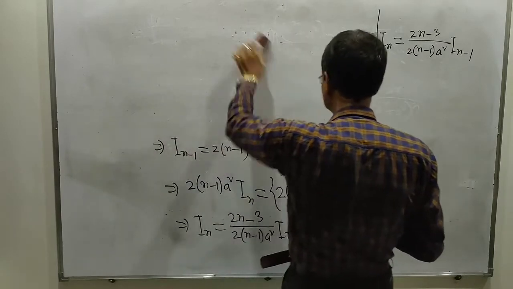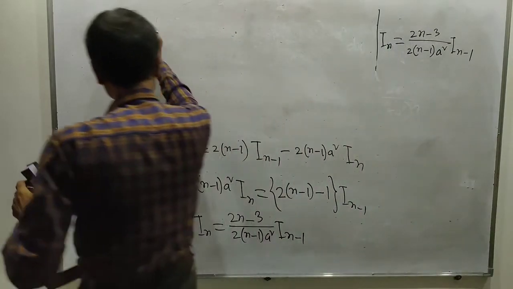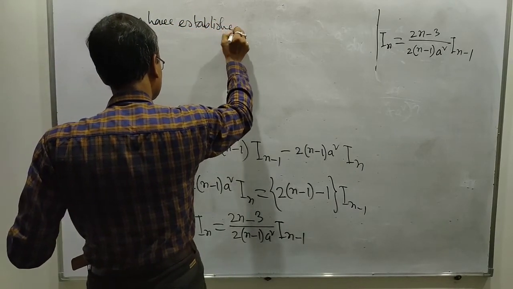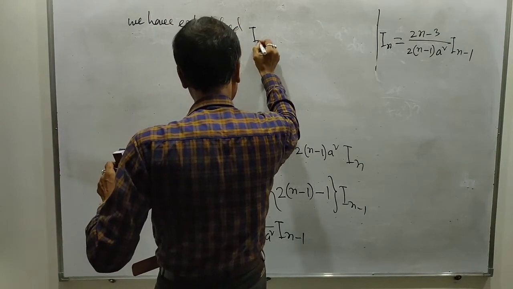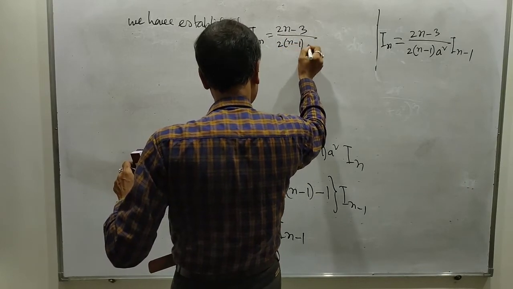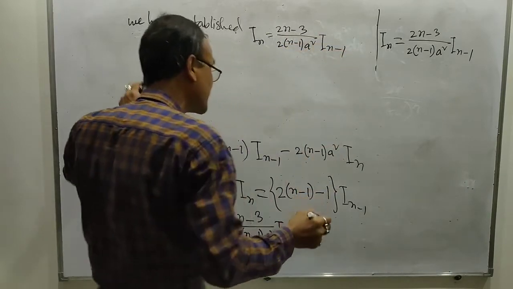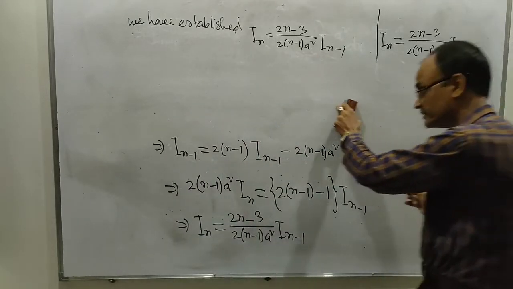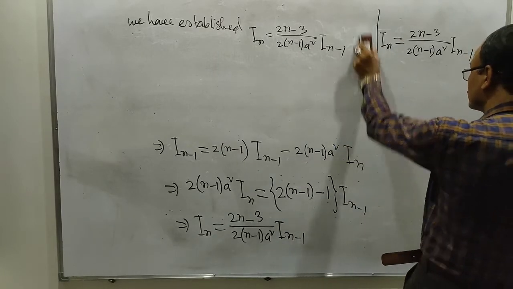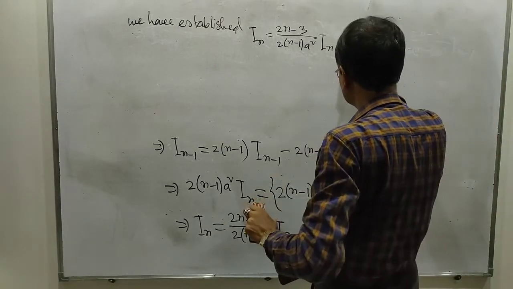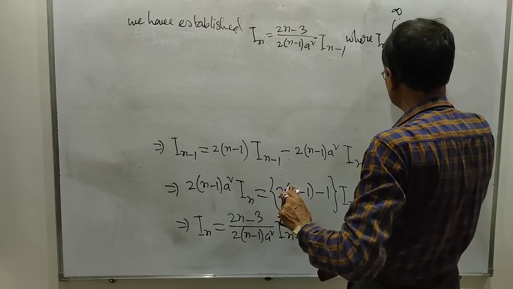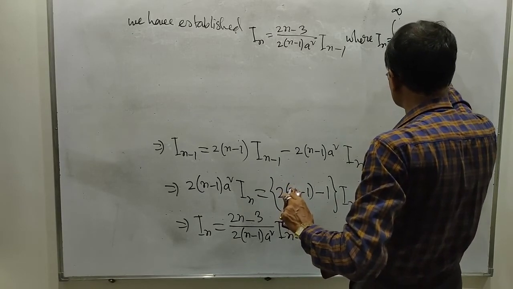We have established I_n equal to (2n minus 3) divided by 2 times of (n minus 1) a square, I_(n minus 1). I have established this, where I_n equal to the integral from 0 to infinity of 1 by (x square plus a square) whole to the power n.